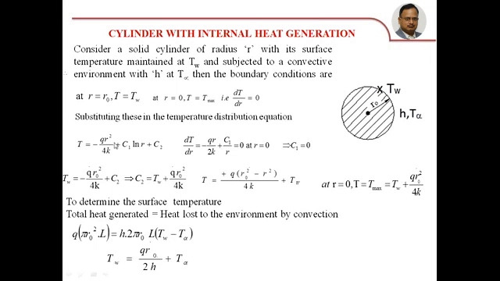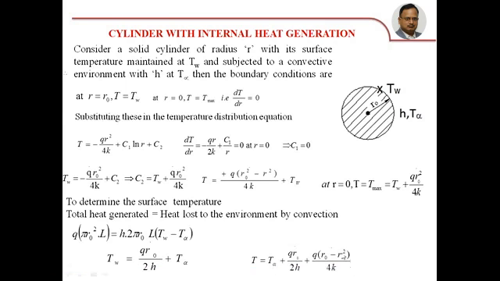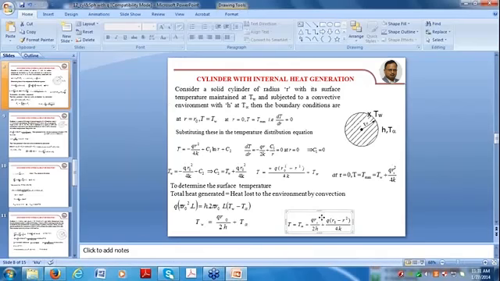Because remember, it is Q dot, which represents watt per meter cube. So T equal to T alpha plus Q dot R naught by 2H plus Q dot into R naught square minus R square by 4K.